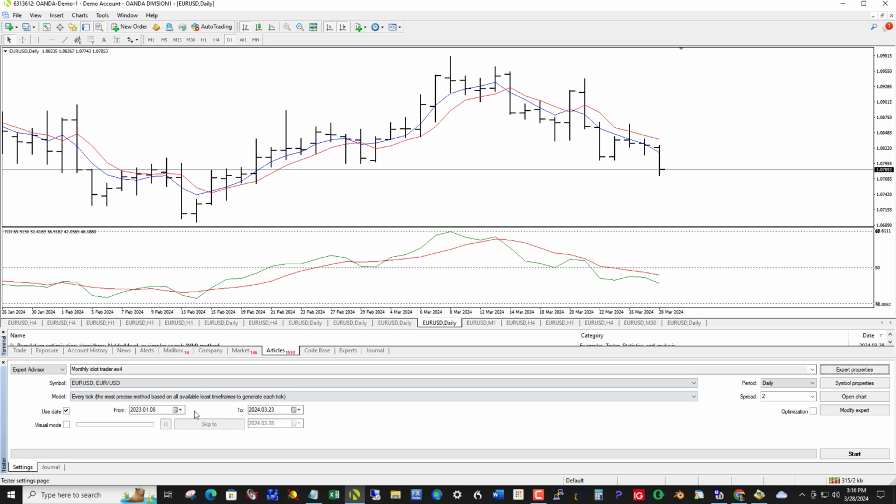And so I'm going to quickly show you a run of this on the daily. I'm using every tick, starting in early January 2023 to the present day, March 28th today, and I'm going to unclick visual mode for now, just so this runs quickly. So let's hit start.